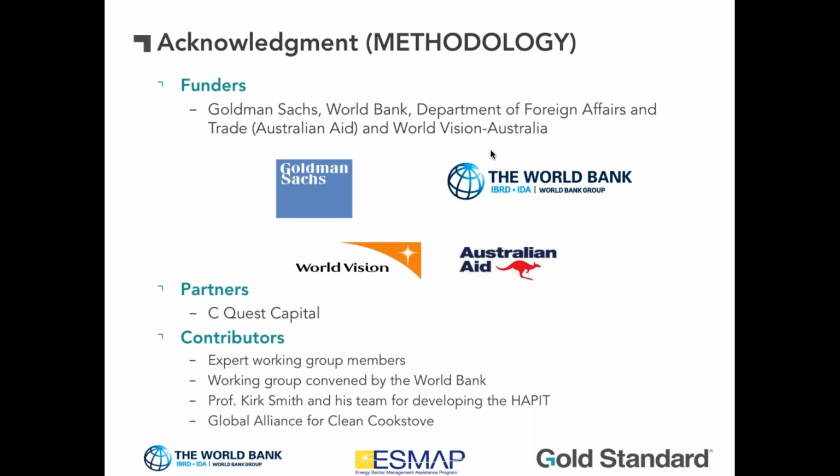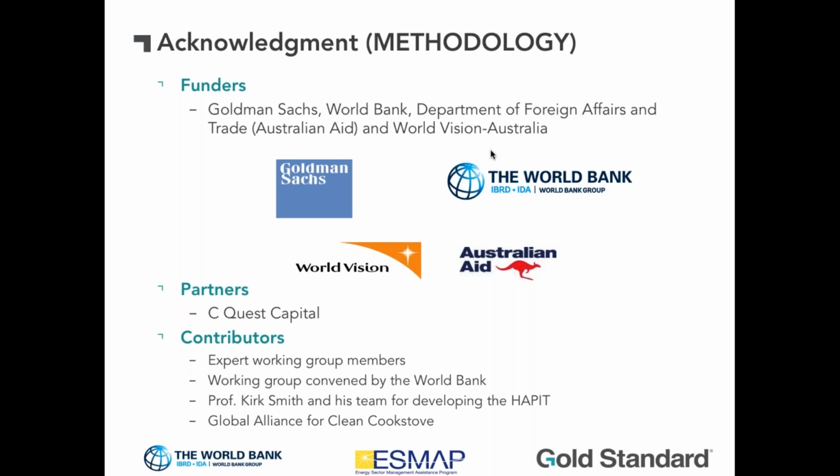Professor Kirk Smith and his team at UC Berkeley also played a very critical role by developing the HAPIT, or the Household Air Pollution Intervention Tool, about which you will be hearing in the subsequent slides. We also acknowledge the role played by the Global Alliance for Clean Cookstoves.